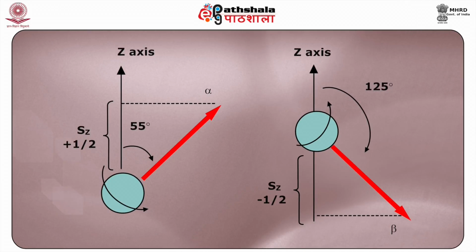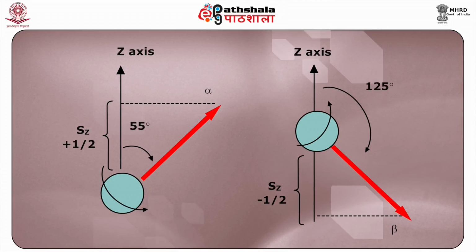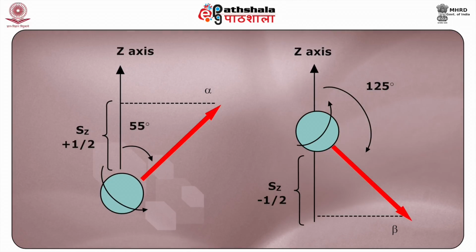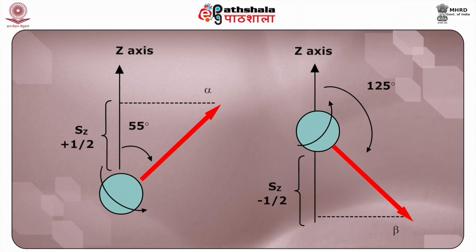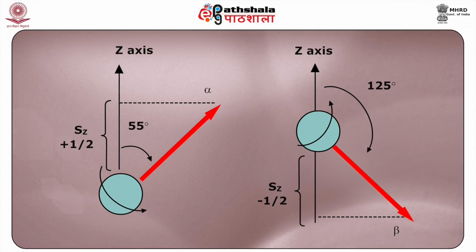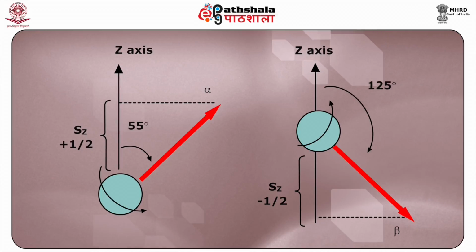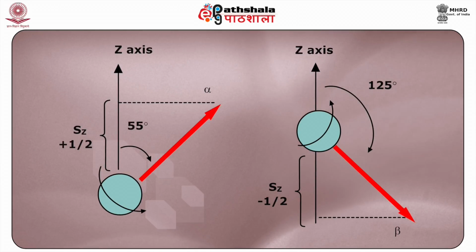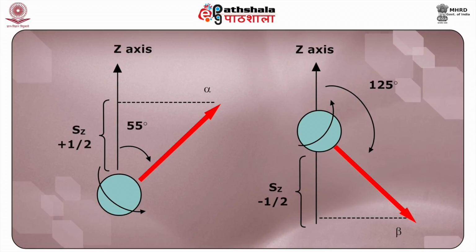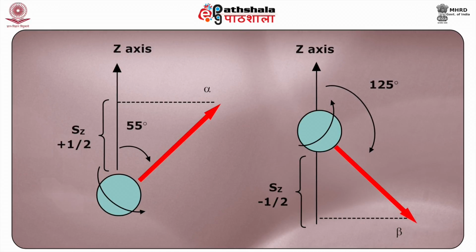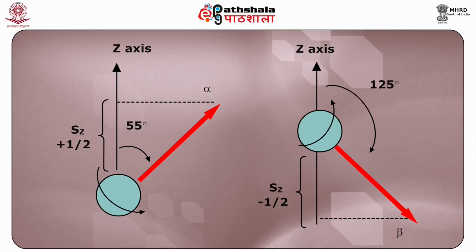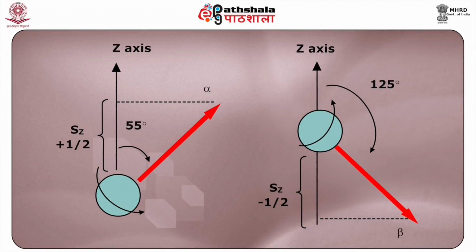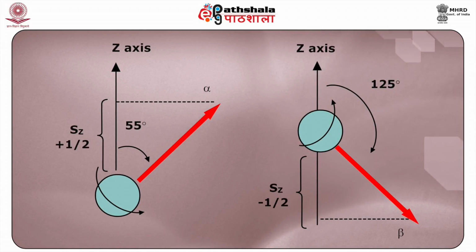In case of multi-electronic systems, the spin momentum of various electrons are coupled together to give a vector sum represented by the symbol S. Associated with capital S is ms, which represents the magnitude of orientation of the spin.